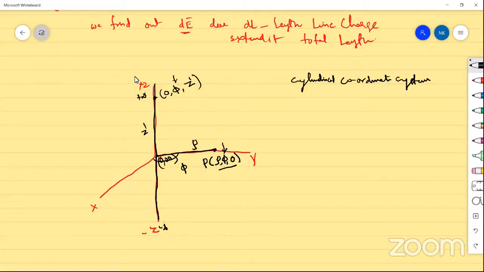Now at this point, I'll consider a small length. This is of total length L. I'll consider small length dl. Okay. So what is the definition of rho L? Charge per unit length.